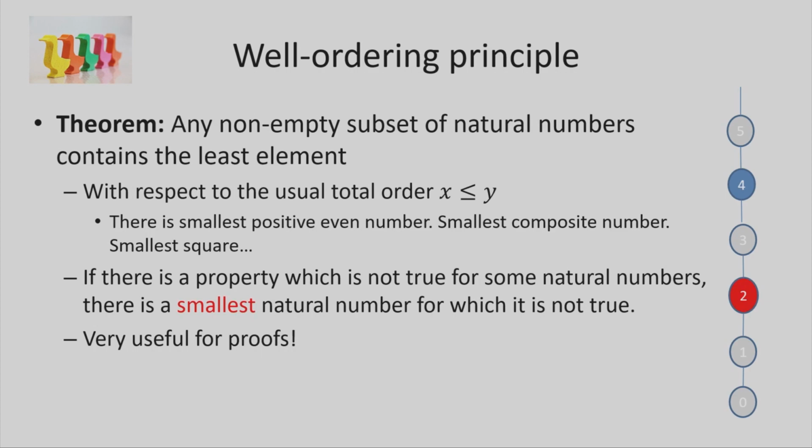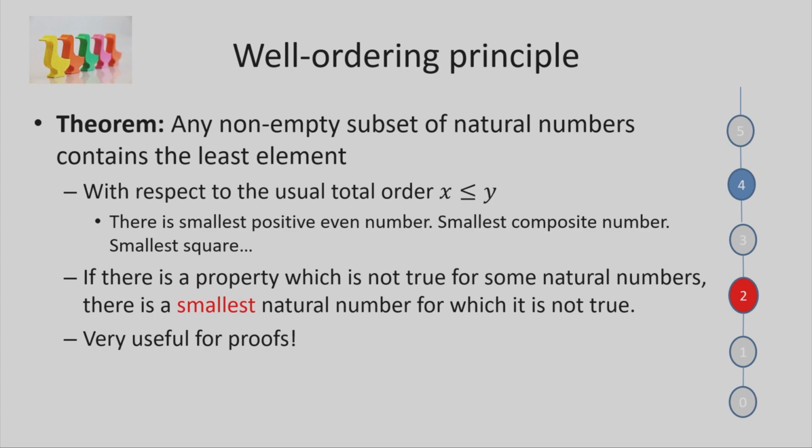Sure, or actually better, let's say all numbers that are divisible by 2. Is there a smallest such number? Yeah, 2 is the smallest number that's divisible by 2. By the well-ordering principle, we do have it. By the well-ordering principle, we do have the smallest prime number. We have the smallest square number.